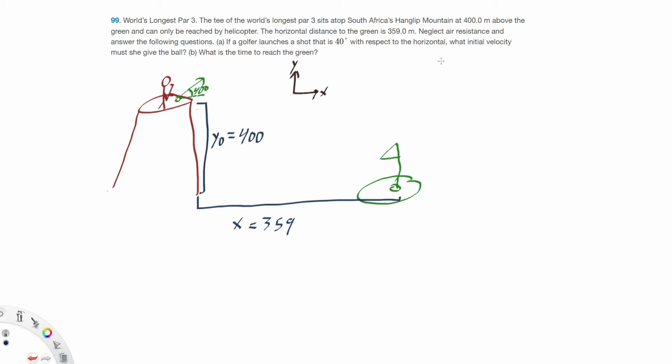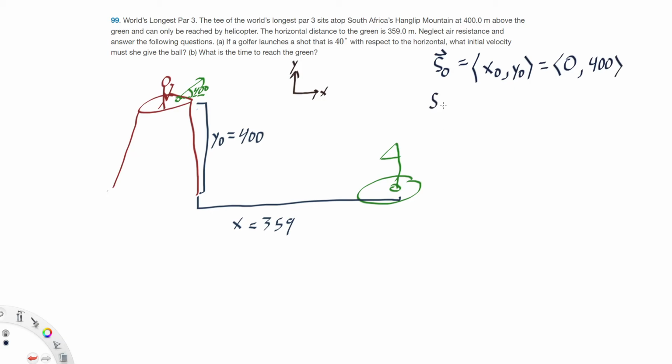So the initial position that we are teeing off from, it'll be our initial position in the x direction, our initial position in the y direction, and the values for those, we're going to start at 0 in the x direction, 400 in the y direction.